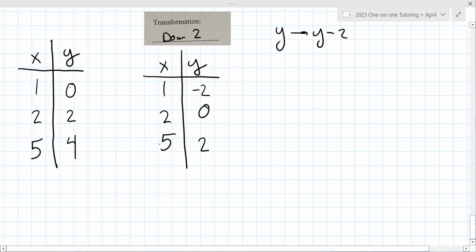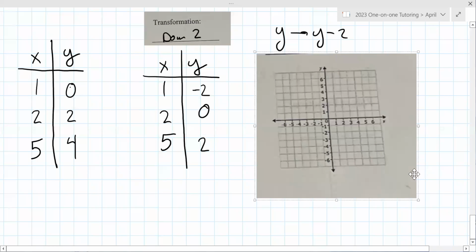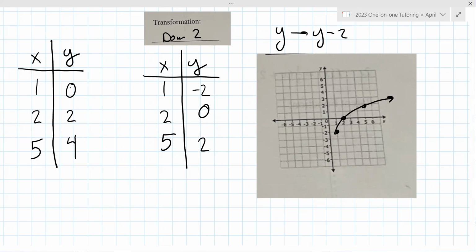All right, go ahead and graph the last one there. All right, there we go. Let's see what else you got here.